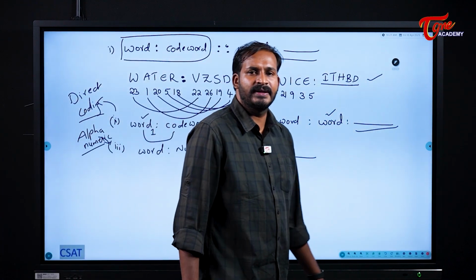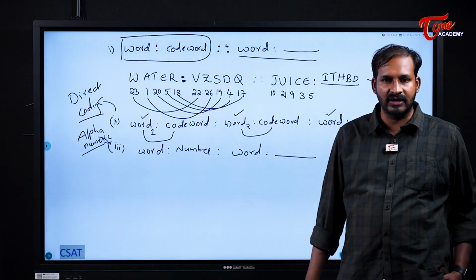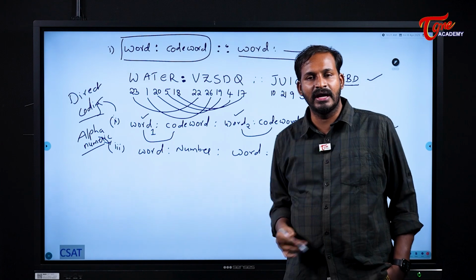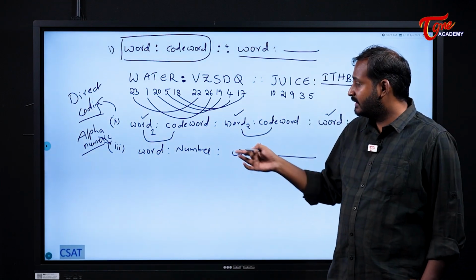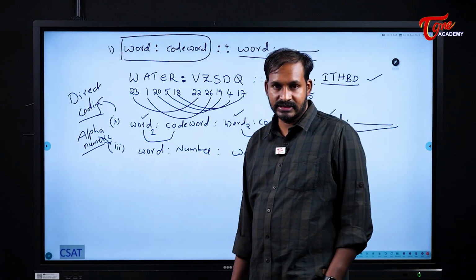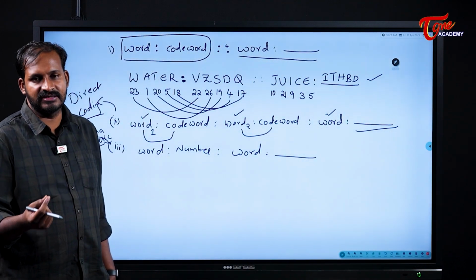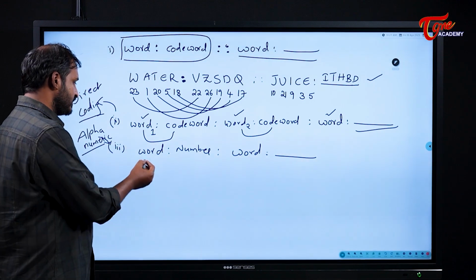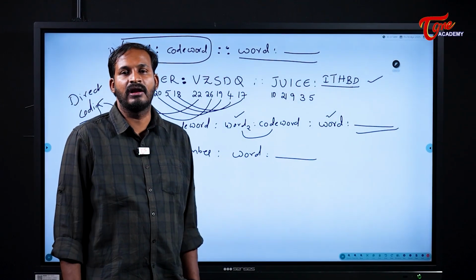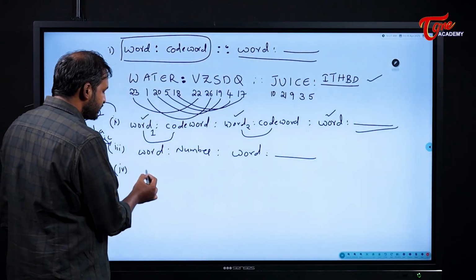The letters will be replaced with digits or numbers. So earlier, whether it is a word or code word, we had letters. But in this case we will have numbers. So that means the words will be replaced with digits or numbers. It depends on the cases. So this type of coding is called alphanumeric coding. And then the last one is sentence coding.